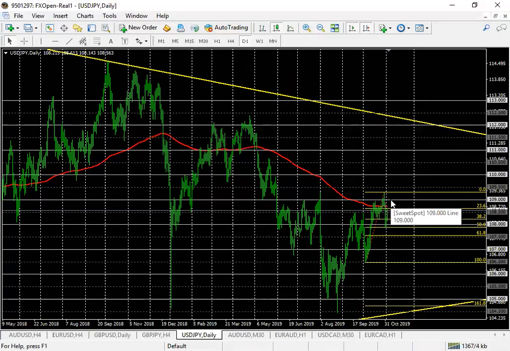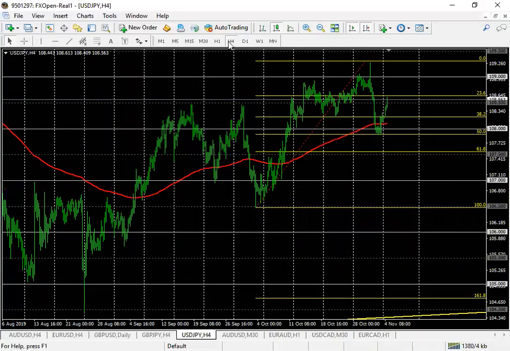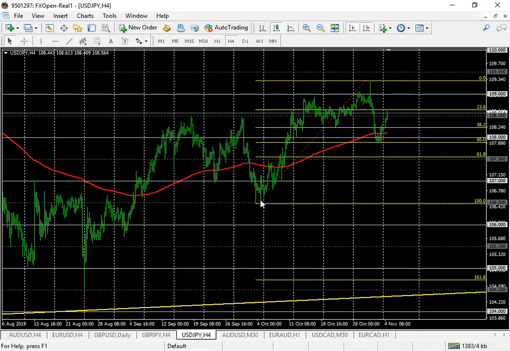I'd like to see the market break above the swing high, this 109 level. If that does happen, I'm certainly looking at 110.50 as a level that the market can reject at again. If you look at the 4-hour time frame, you have this swing low through to that swing high, and that just tagged the 50% Fibonacci retracement.